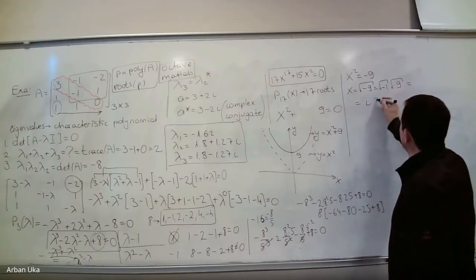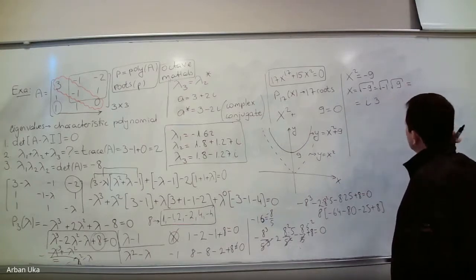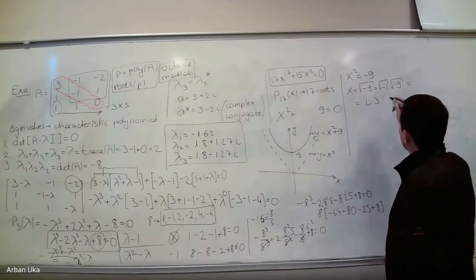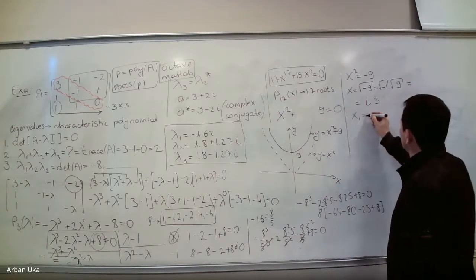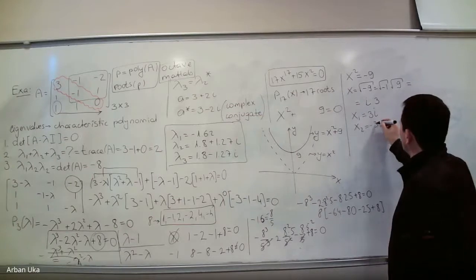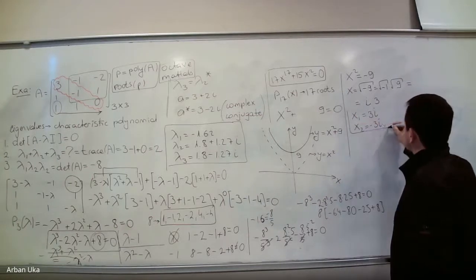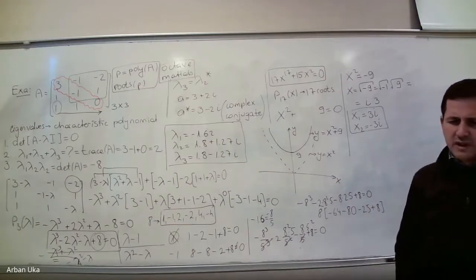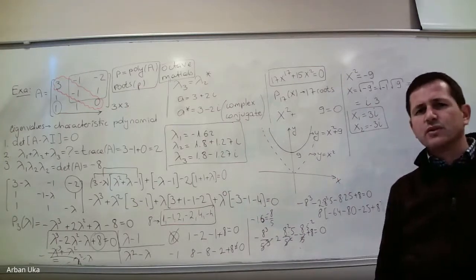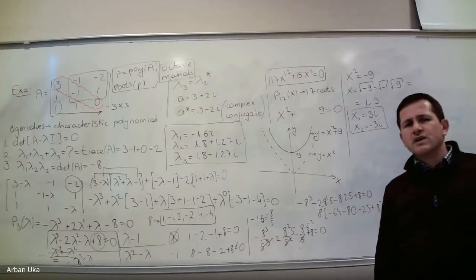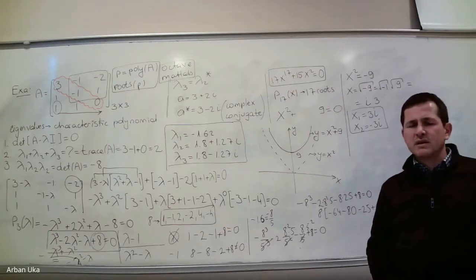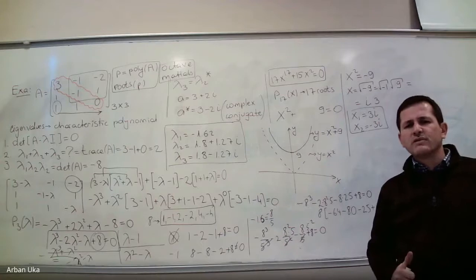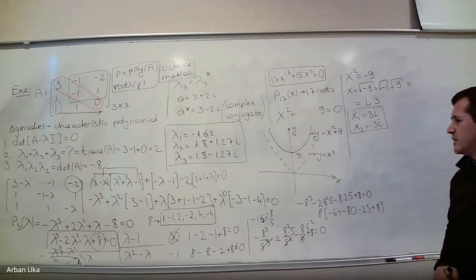Square root of 9 is 3. Okay, so these would be the solutions. So here x1 would be 3i, and x2 is equal to -3i. So if we have a polynomial of the second order, we should always have two roots. Whether these two roots are in the real number domain is not an issue, but at least we can find them in the complex number domain.